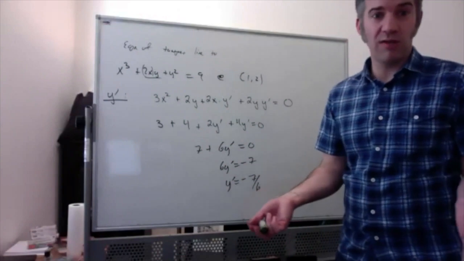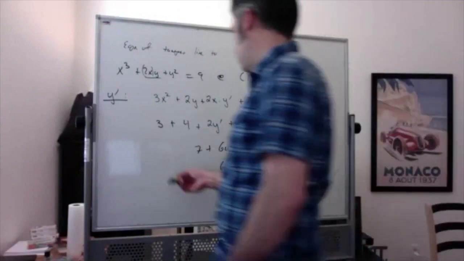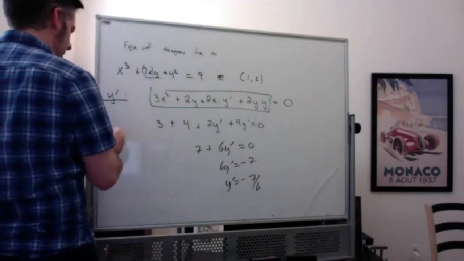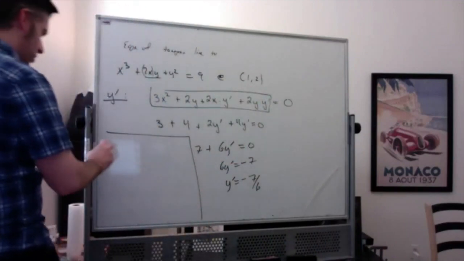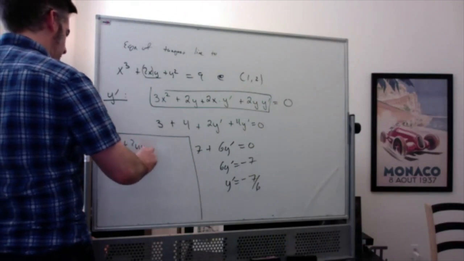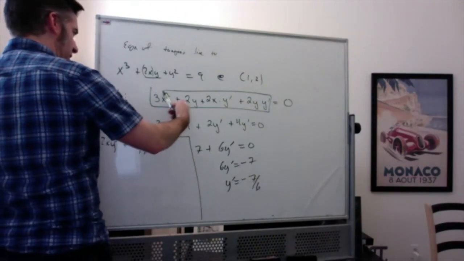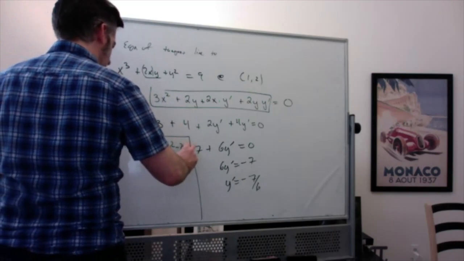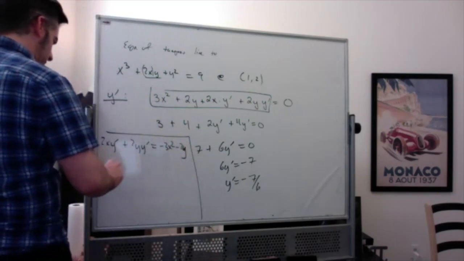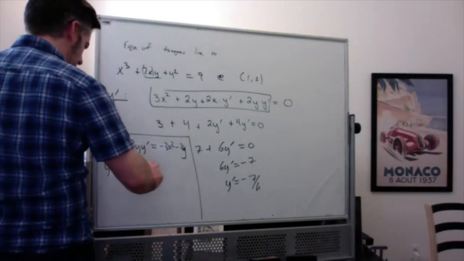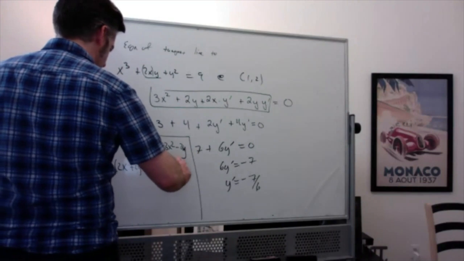You also could have solved for y prime the long way, right? You could have actually isolated y prime. So you could have said 2x y prime plus 2y y prime equals negative 3x squared minus 2y. And then factor out the y prime. The y prime times 2x plus 2y equals negative 3x squared minus 2y.